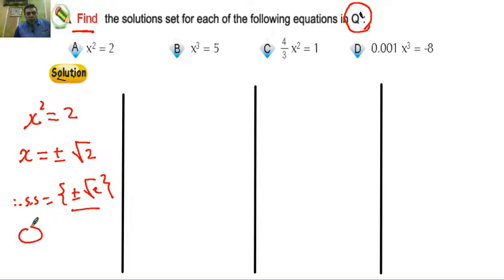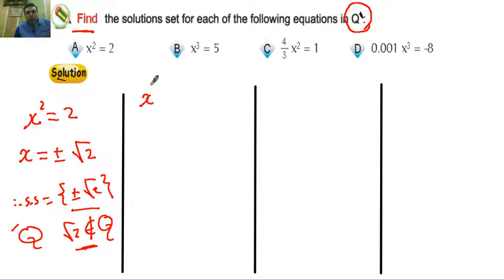But in Q, the solution set is empty, because square root 2 does not belong to Q.